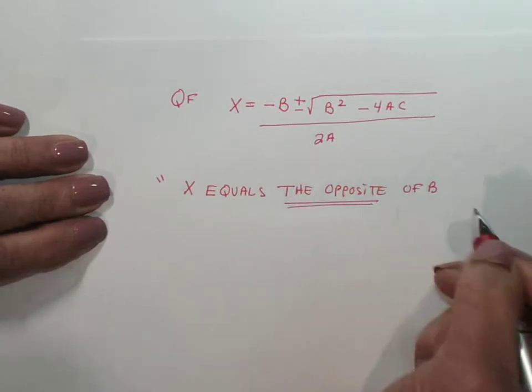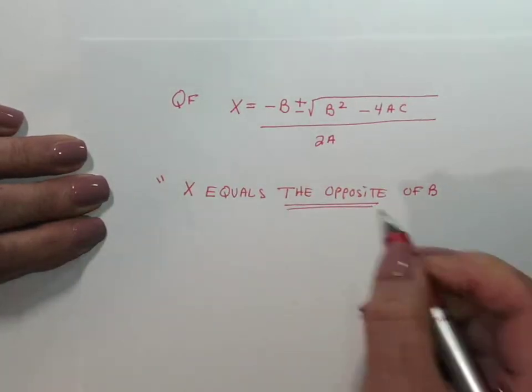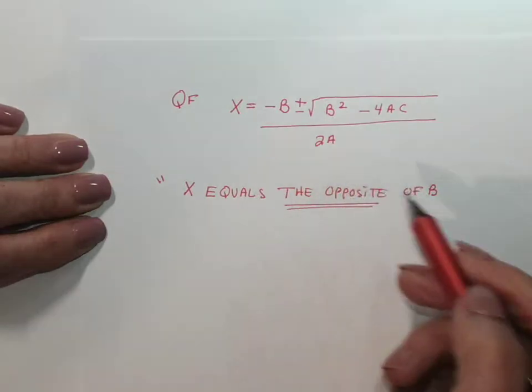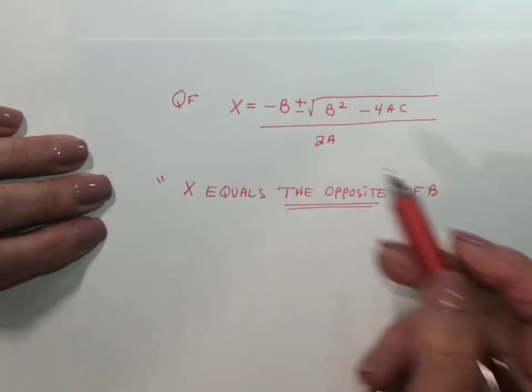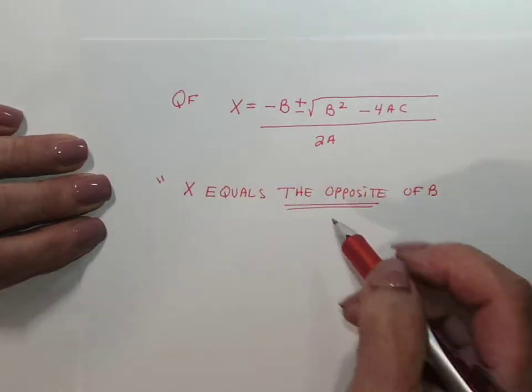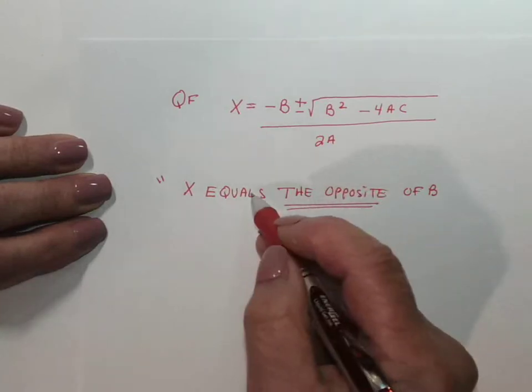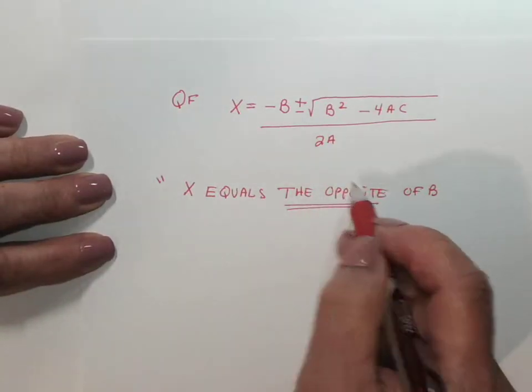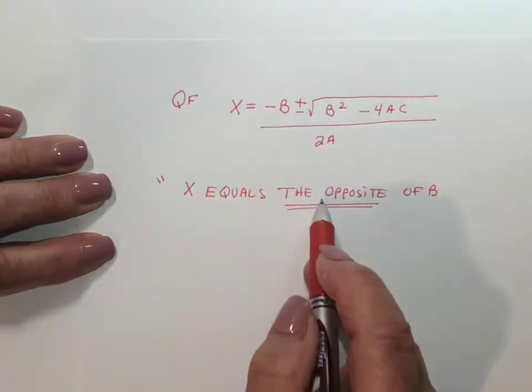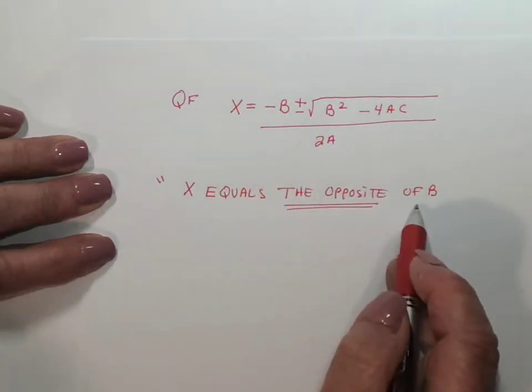It's the opposite of b. It's not negative b. So if you go onto the internet and you look for songs on the quadratic formula, they always say negative b. But I want you to make sure that you understand it's not negative b, it's the opposite of b. Very important.